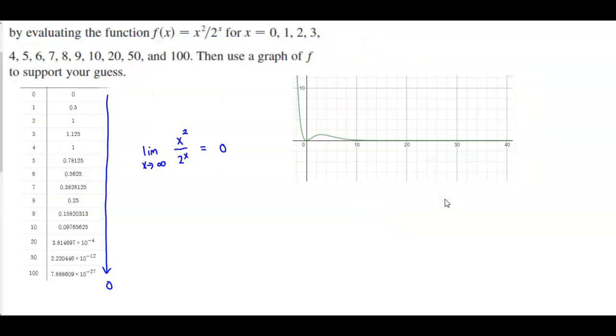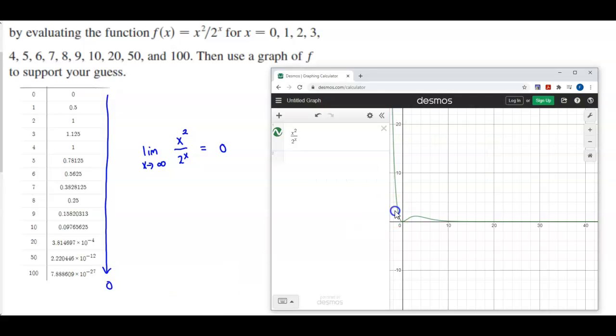Okay, so first let's take a look here. We can see that as x is approaching positive infinity, our function is getting closer and closer to 0. Okay, now let's just trace it on our graph.